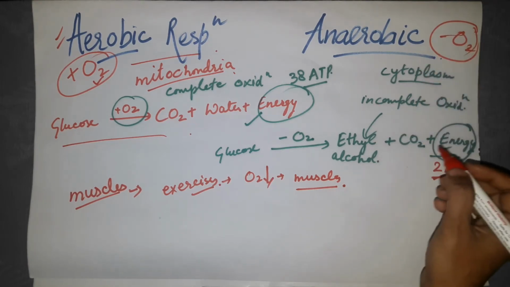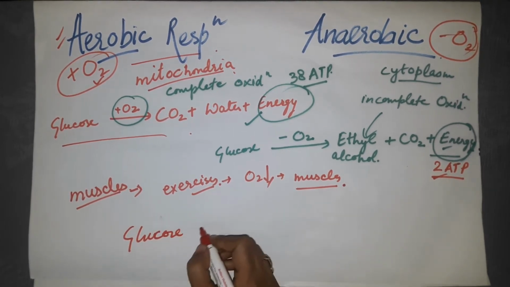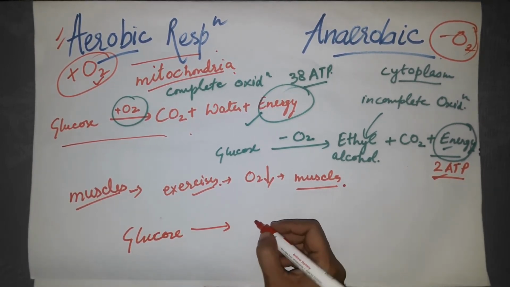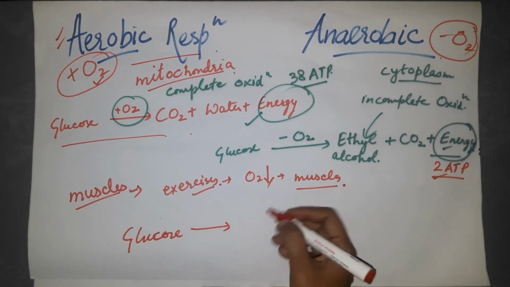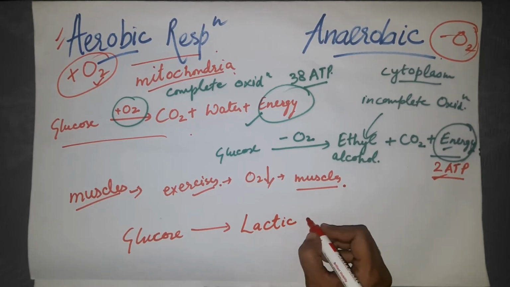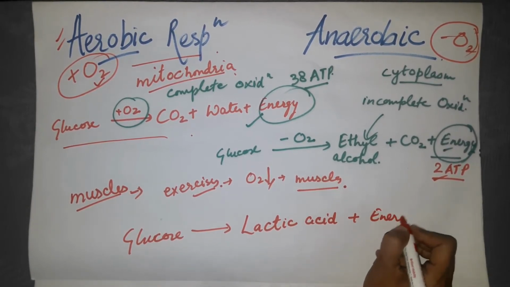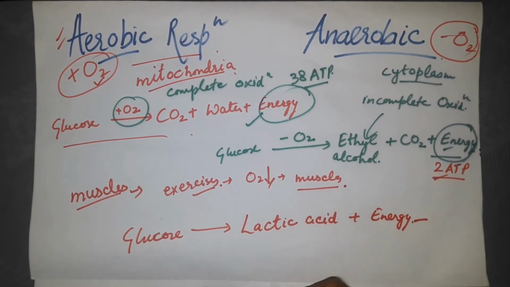And as a result of this anaerobic respiration, the glucose will be incompletely oxidized because there will be very little oxygen present. And what will they produce? They will produce lactic acid, and the energy will also be released, but that will also be less.